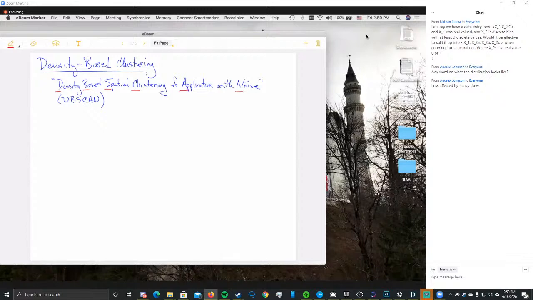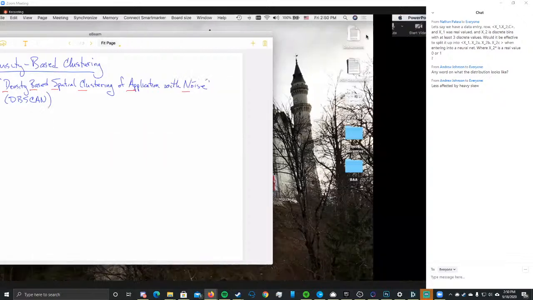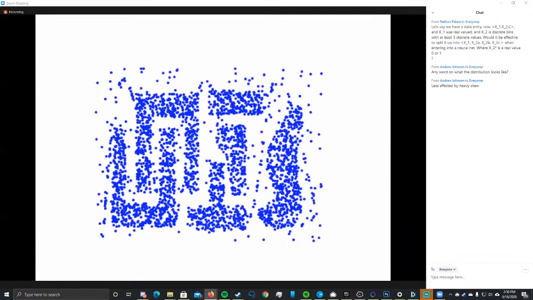So just to describe the process, suppose this is our data set and we want to cluster it. Now, notice this one's going to be a little bit trickier than what we talked about for both k-means and k-medoids, in that first there's all this noise that can cause the clusters to start to merge together if you're not careful. And the other thing is these clusters are not convex.